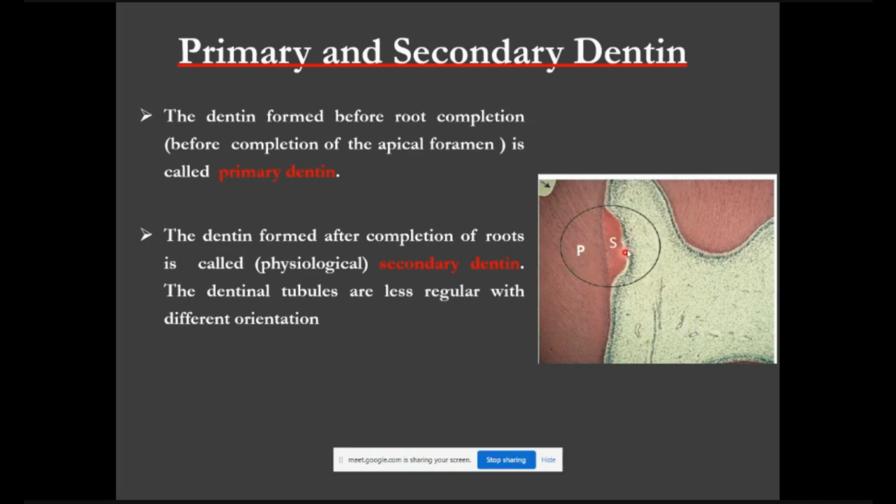They're less regular in their orientation. They don't have that very organized arrangement like we see in a primary dentin. And another feature is it has different orientation. It need not be S-shaped and very neatly arranged. It can be arranged in any manner. So that's one of the structural differences between primary and secondary dentin.